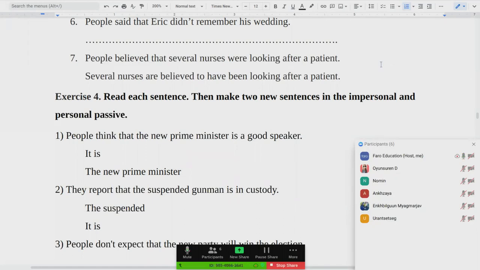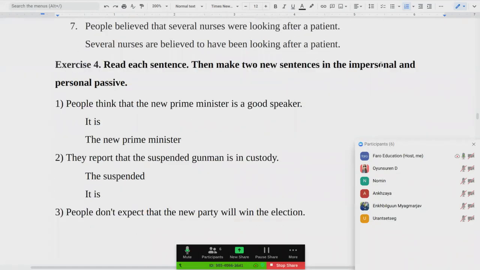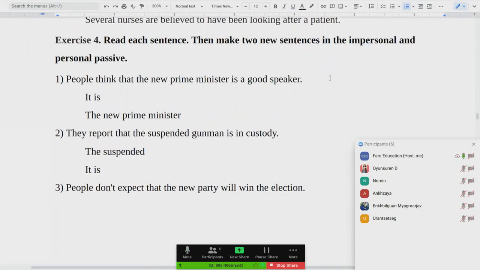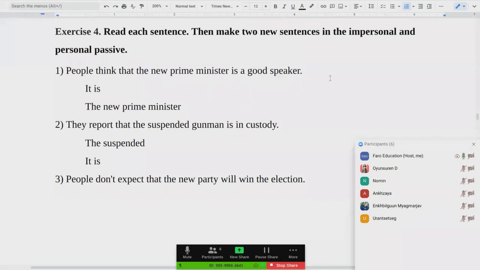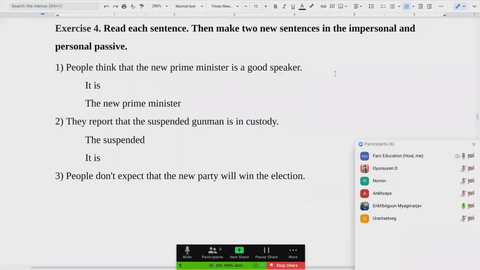Exercise 4. Read each sentence, then make 2 new sentences in the impersonal and personal passive again. People think that the new prime minister is a good speaker.